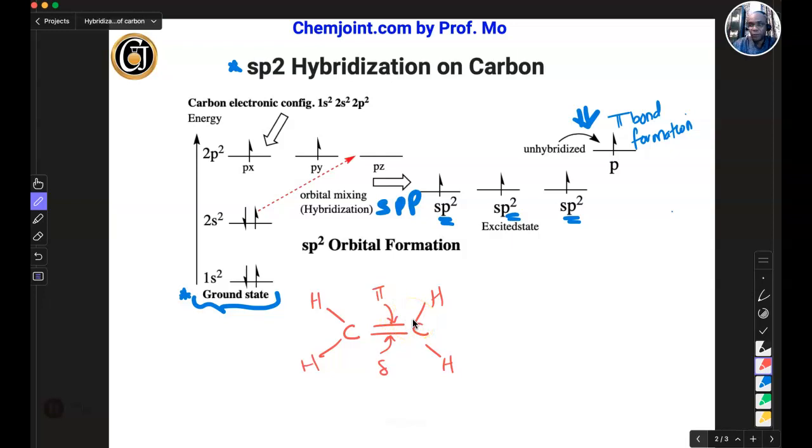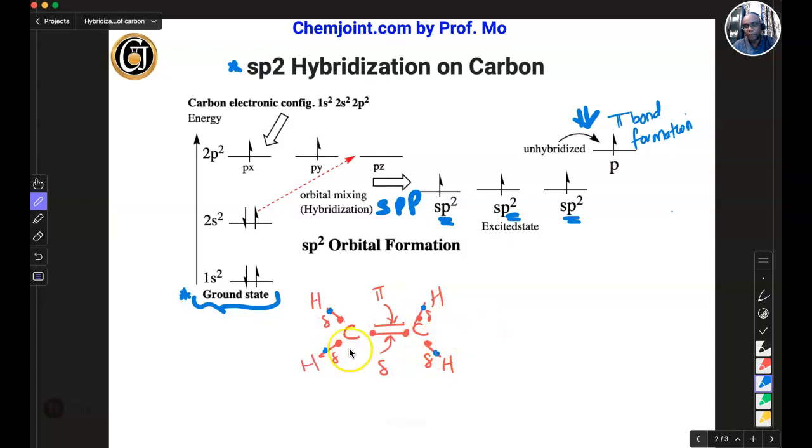So we are saying that carbon is donating 3 electrons in the covalent bonds, just like that. Those are the ones used to make the sigma bonds. So let's assume those are the sigma bonds, and then hydrogen is donating 1.